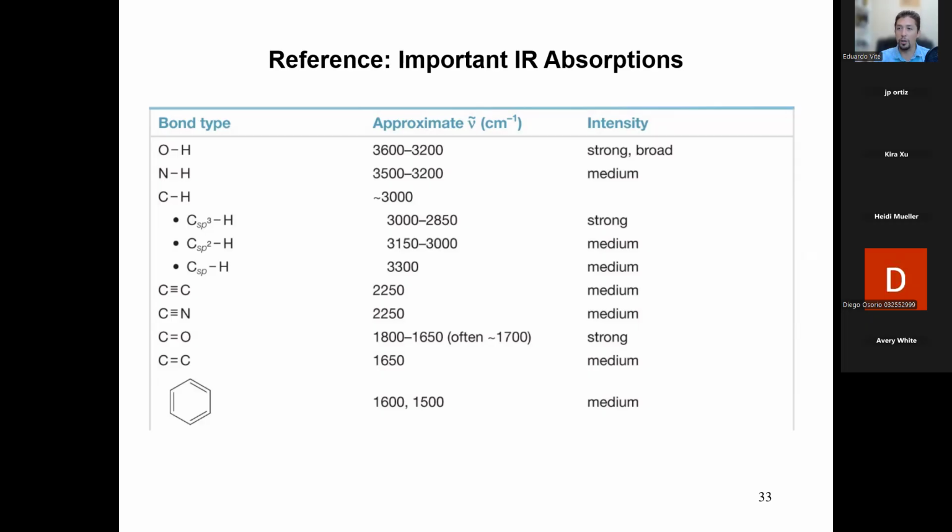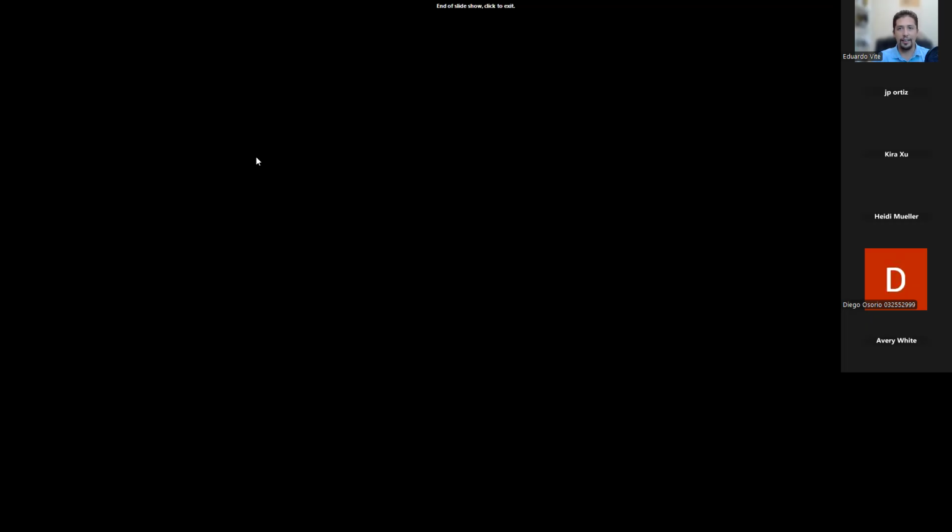It describes them as strong, broad, medium. Other tables have different, more words to describe them. You can take a whole class on IR spectroscopy if you're really interested in it in your upper divisions. But in short, this is the summary of that information. And that is pretty much the end of our slideshow. So I will show you one final thing, and then after that, we will be heading out.